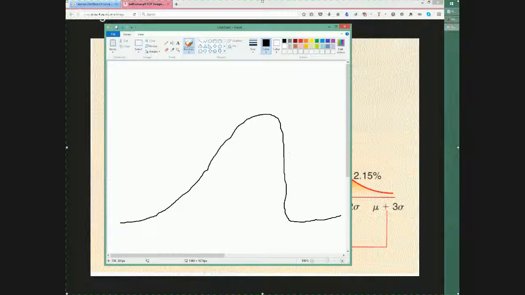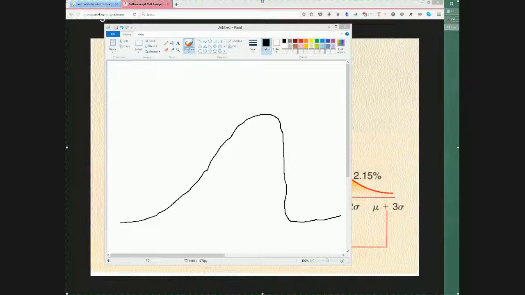Now that probability skew is actually very hard to mathematically calculate. It doesn't follow a normal formula. You need to get into some additional forms of analysis, and then of course the accuracy of that falls off.